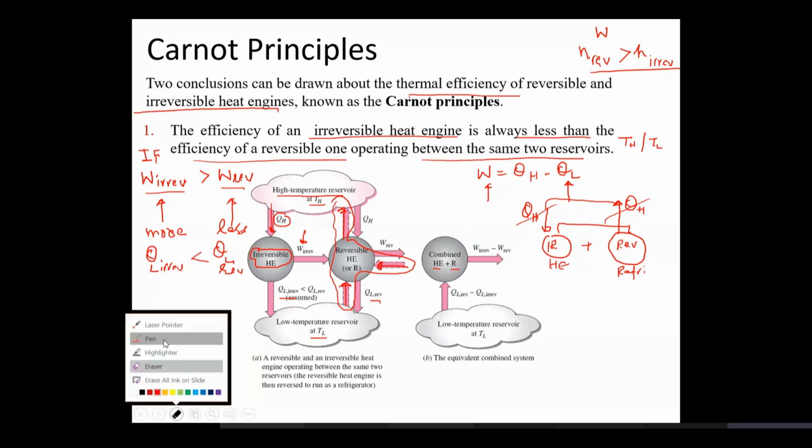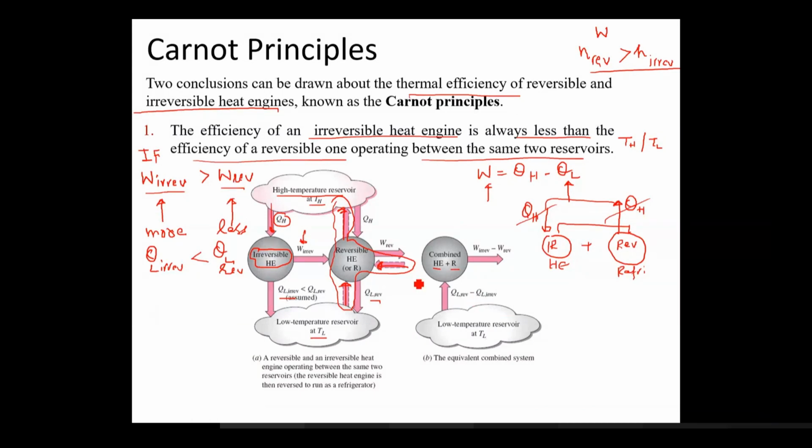The second thing: we said that QL irreversible is less than QL reversible. So the direction of heat in this case would be which way, upwards or downwards? If we combine the heat QL out of the irreversible heat engine and the heat being supplied to the reversible heat engine, what will be the positive quantity?